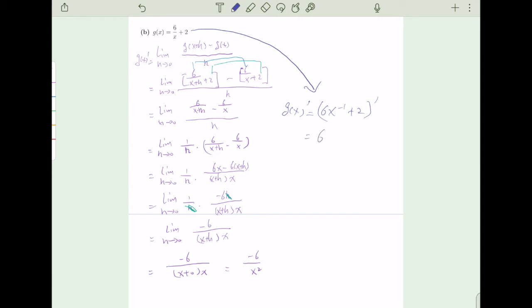The exponent comes down here, negative 1, x to the negative 2. Derivative of 2 is 0 because 2 is a constant. So we have negative 6x to the negative 2, which can be written as negative 6 divided by x squared. Now we see that the expressions are the same, so our answer is correct. So that is our question B.